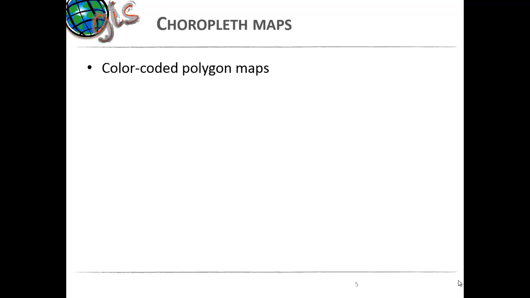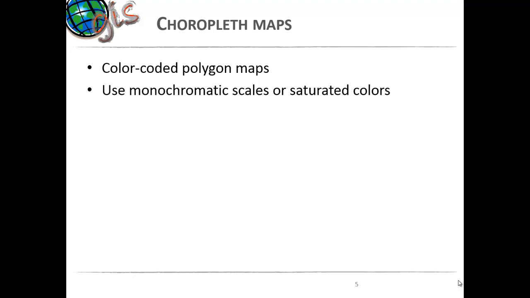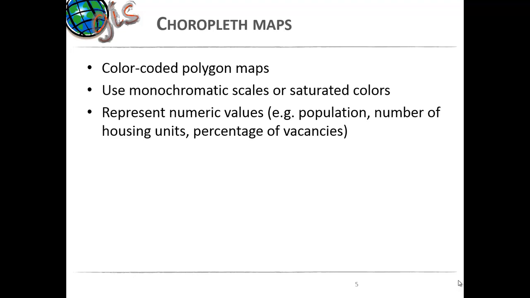Choropleth maps, or what we call thematic maps, are usually color-coded polygon maps. Anything like a polygon could be a census tract, census block group, or any other, it could be parcels. When you use monochromatic scales or saturated colors to color these polygons, what you get is choropleth maps.